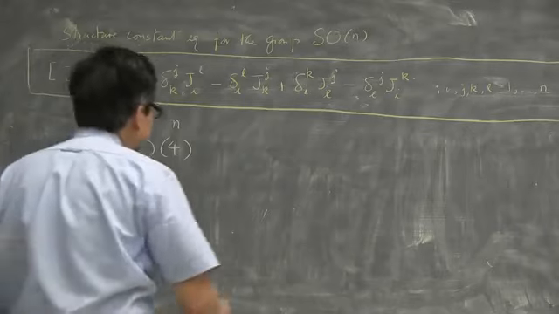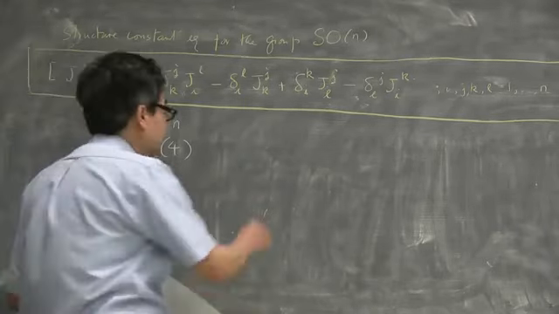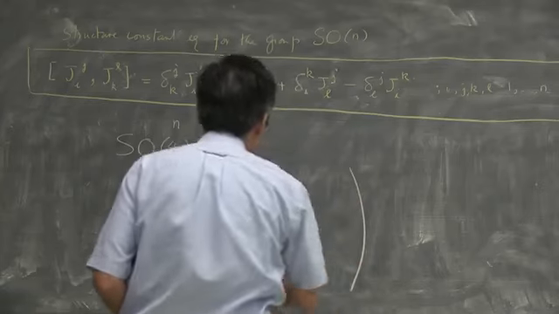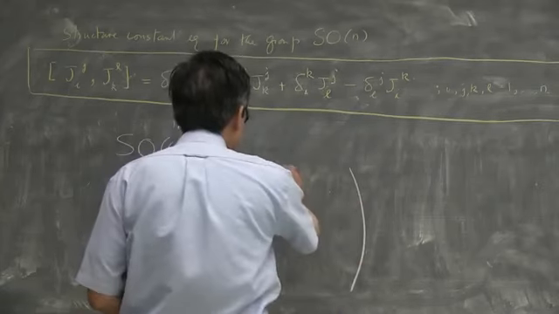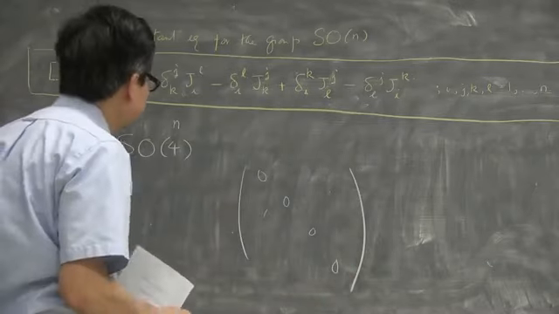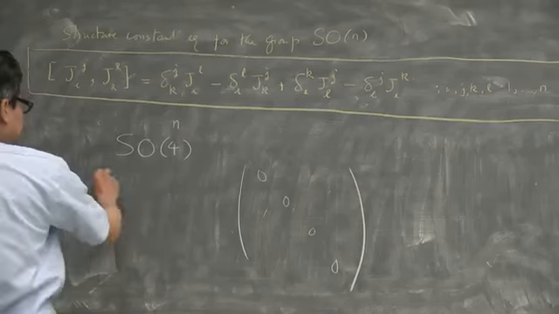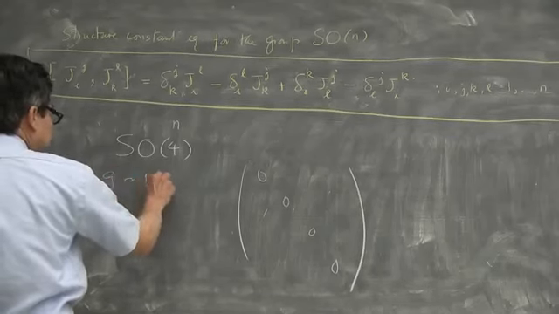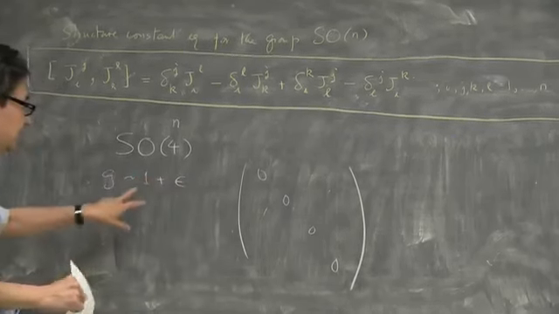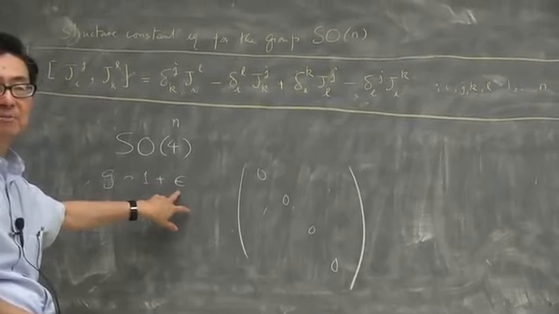Now, let me ask you, how many independent epsilons are there in this case? 6, eh? Is it 6? Yeah. So you have, this is SO(4), so you've got a 4 by 4 matrix. An infinitesimal element in SO(4) is always written as 1 plus epsilon. Well, 1 is the identity 4 by 4 matrix, and this is going to be an antisymmetric matrix.